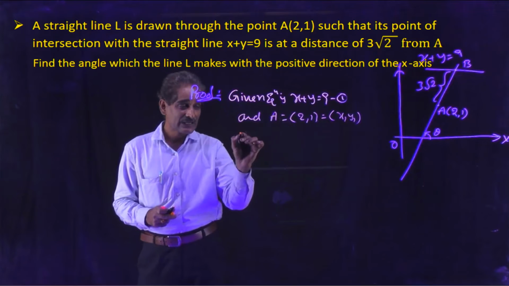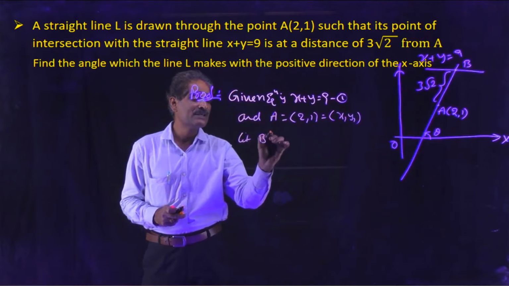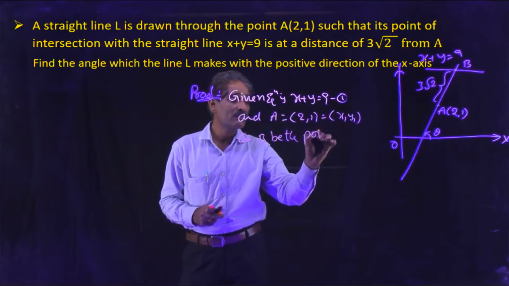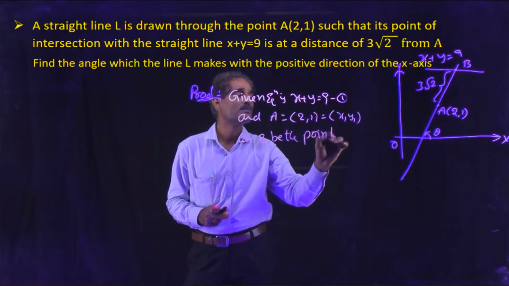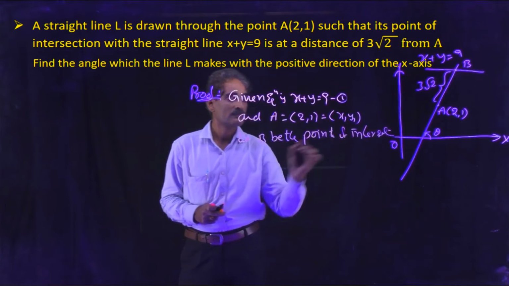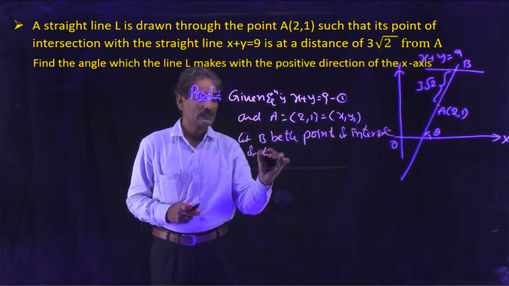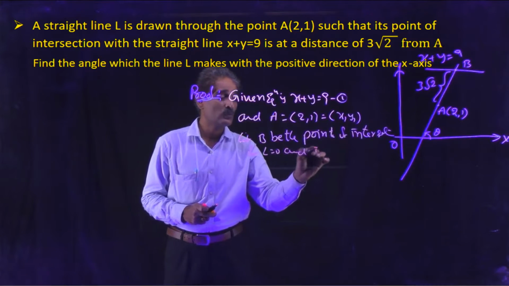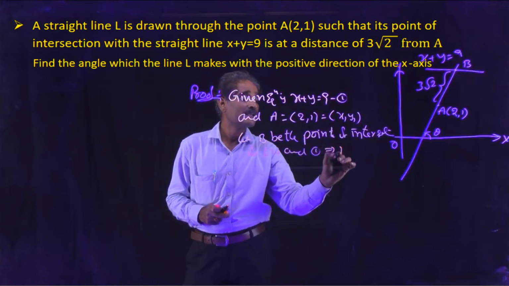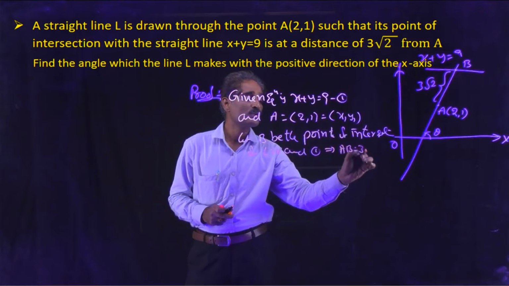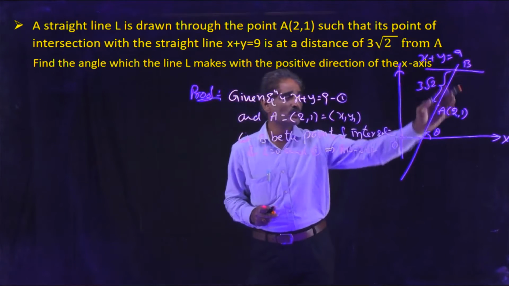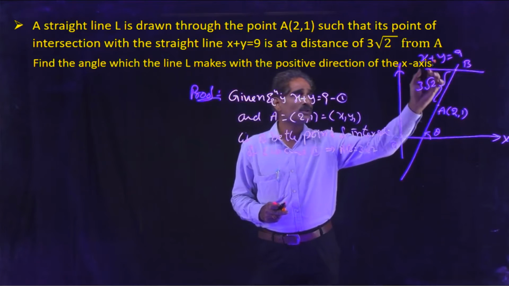And let B be the point of intersection of L equal to 0 and equation 1. This implies AB is equal to 3 root 2. Okay, so AB is equal to 3 root 2, and A is (2, 1). So this equation is this one.